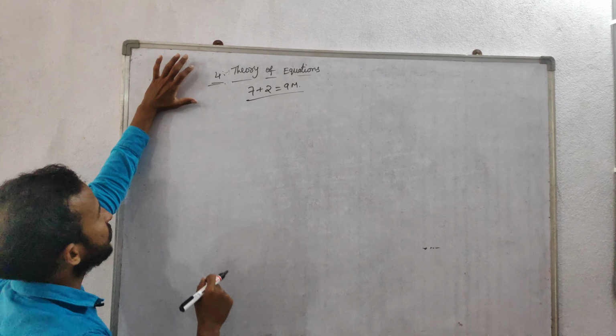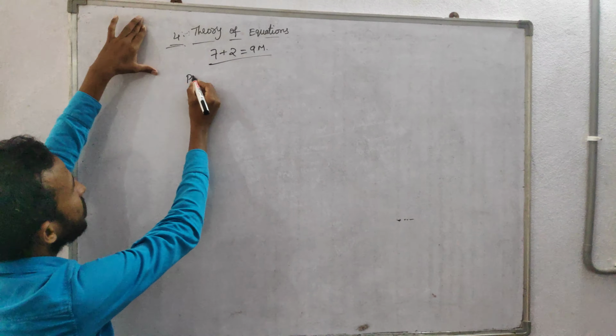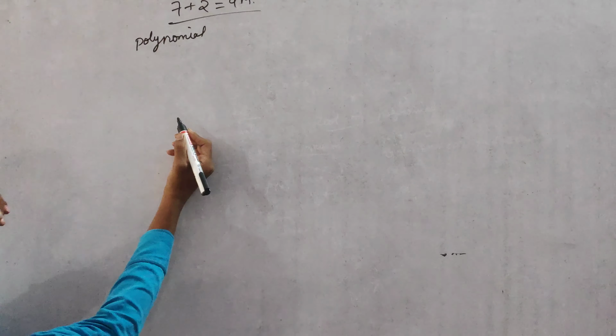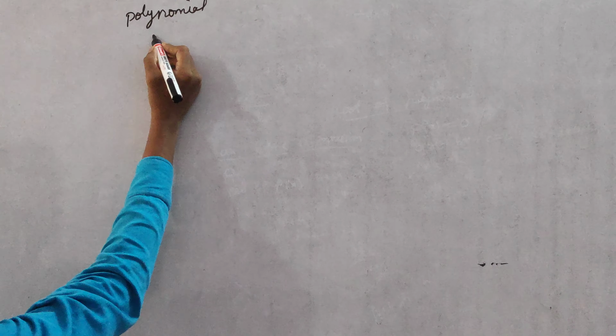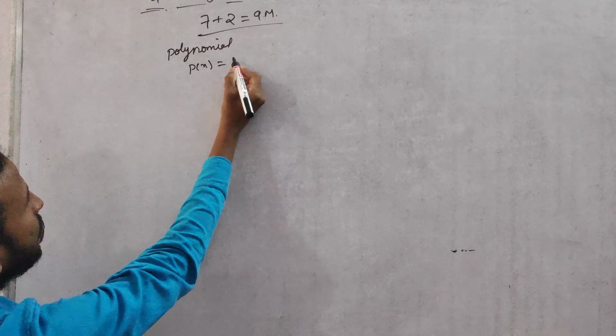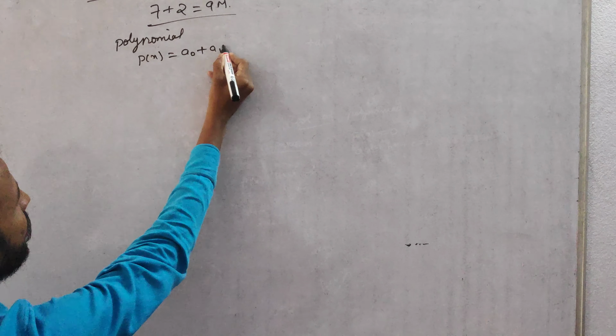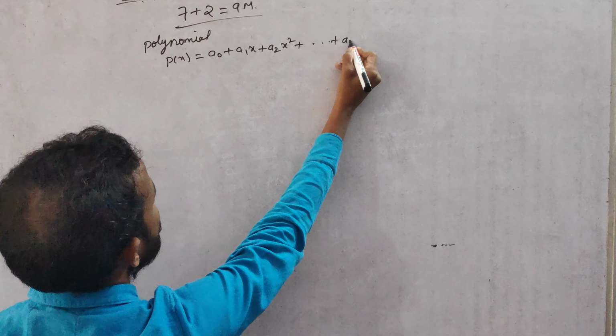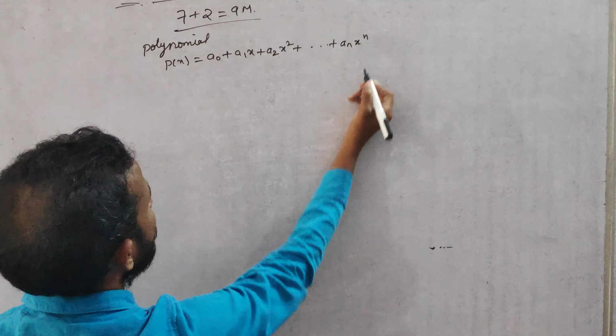So we will see what topics we have in this chapter. First of all, we should know about polynomial. What is a polynomial? P of x is equal to a0 plus a1x plus a2x square and so on, plus an x power n.